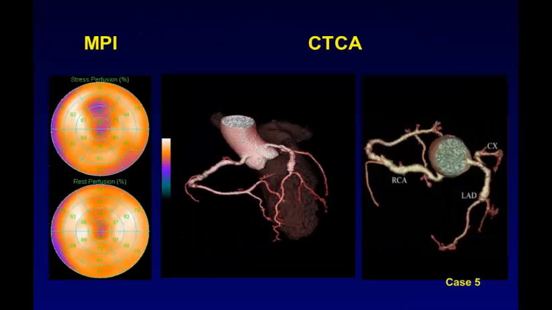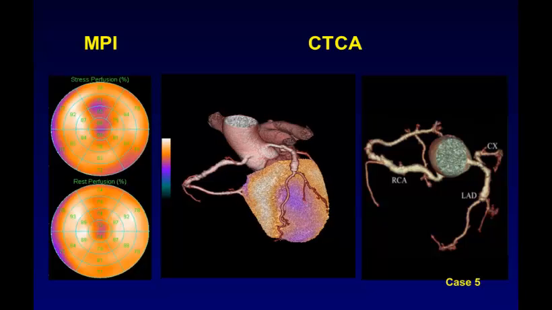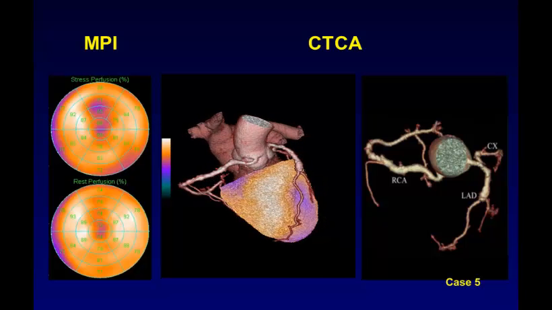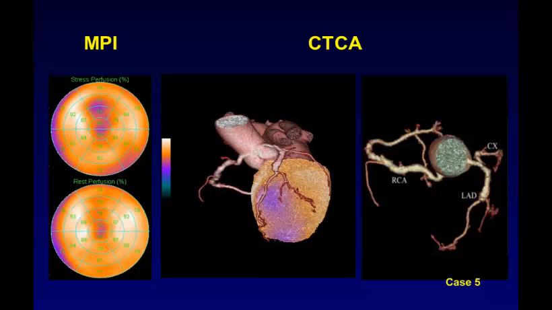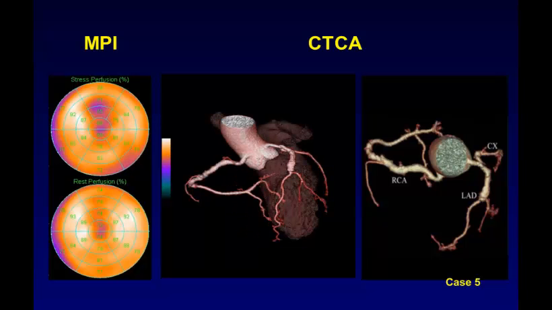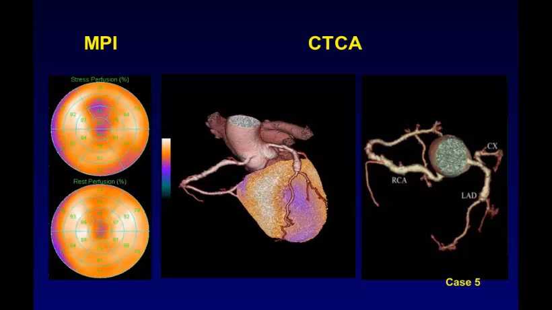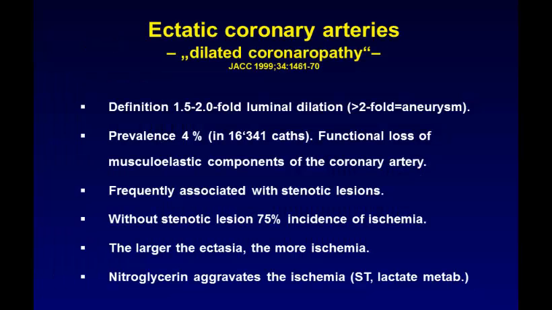And when we did the fusion in this patient, we could see that the under perfusion, the anterior ischemia matches exactly the territory served by this ectatic coronary artery, and it is not necessarily a surprise that this is causing an ischemia, because ectatic coronary arteries do affect the laminar flow and they cause turbulent flow, and that's why they're very frequently associated with ischemia, 75% incidence of ischemia.